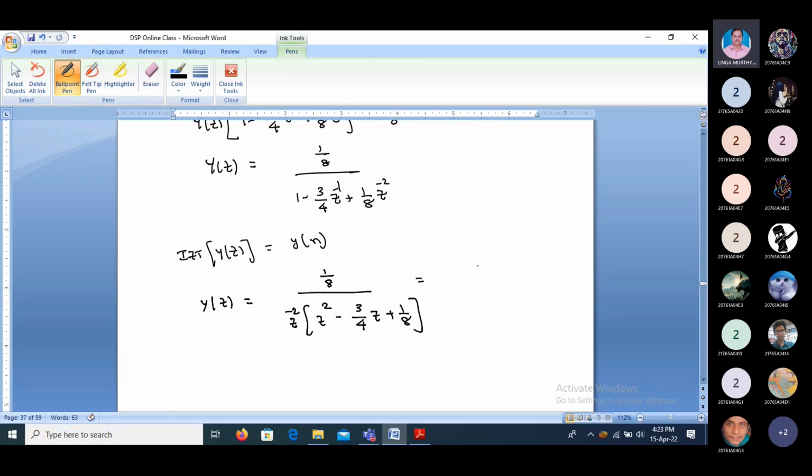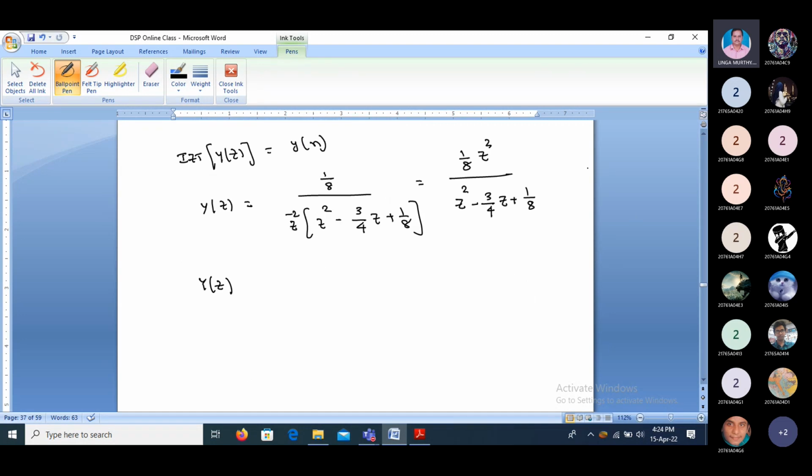Convert into the positive powers of z. So you get 1 by 8 into z square divided by, since z power of minus 2 goes to the numerator, z square minus 3 by 4 into z plus 1 by 8. So Y of z is equal to, now apply partial fractions.